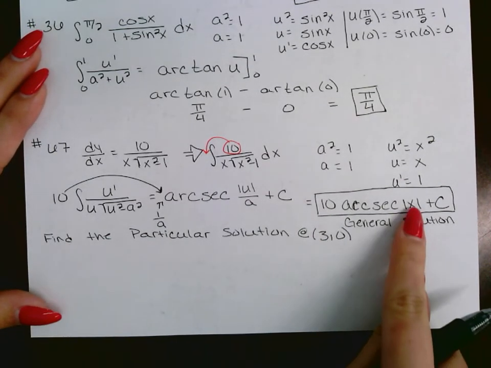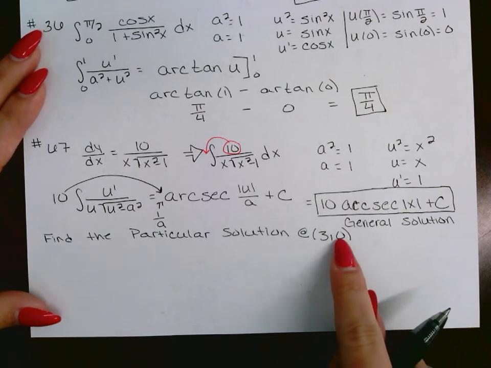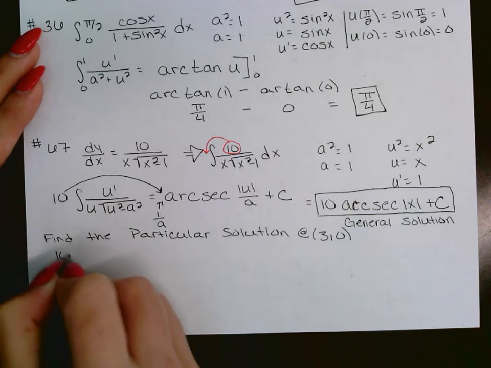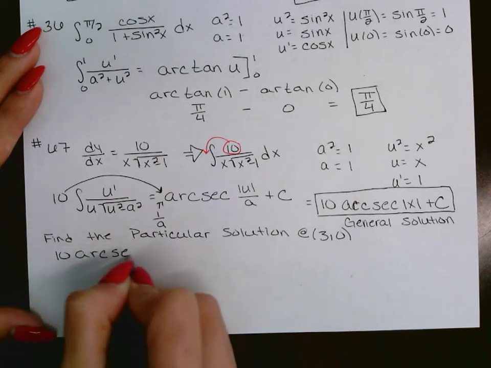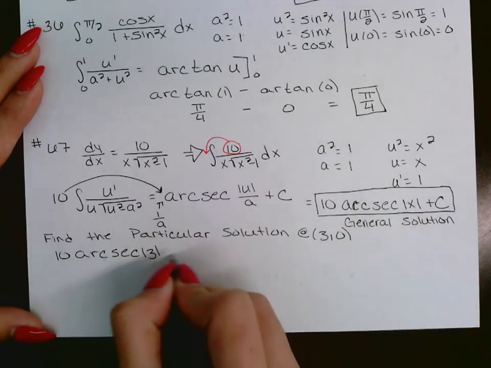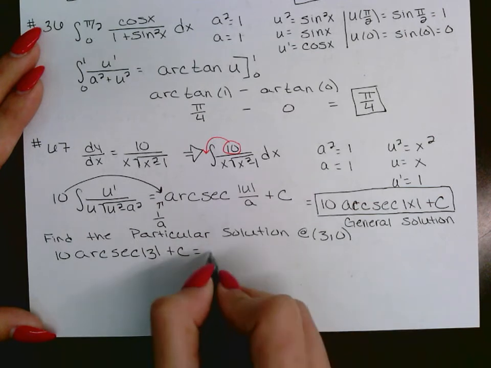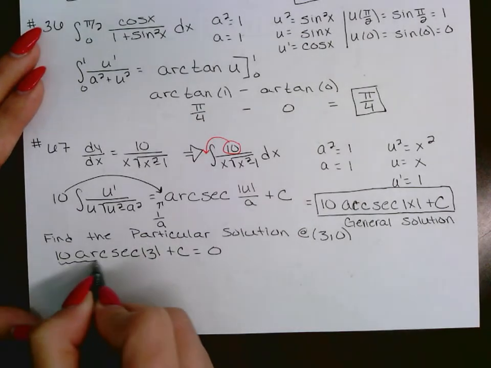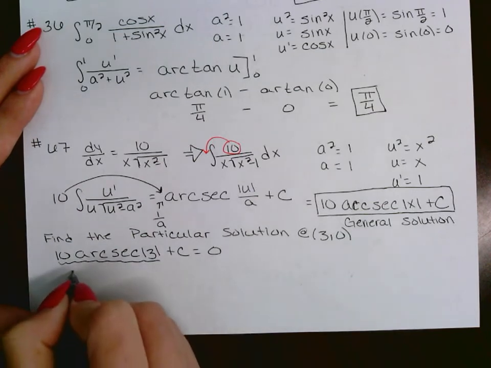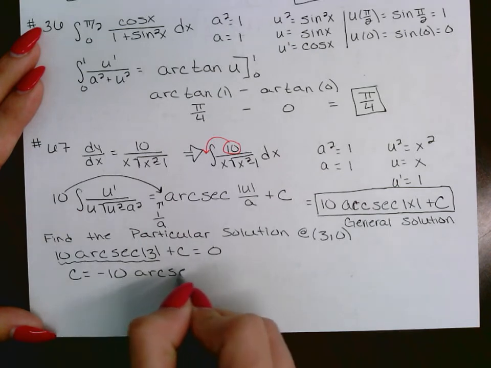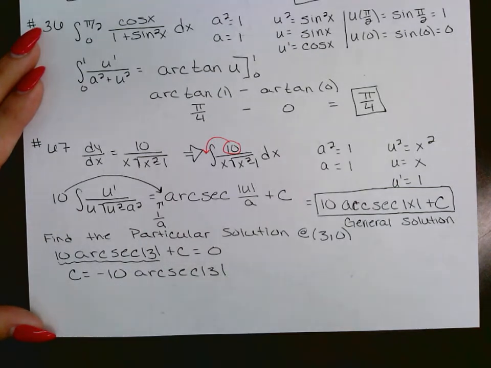Remember that 3 is our x and 0 is my y, what I set it equal to. So at this point, I would say 10 arc secant of absolute value of, instead of x, I'm going to fill in the x, plus c equals 0. My next step is to find what c equals. So I'm going to subtract this entire portion over to the other side, and I could say c equals negative 10 arc secant of absolute value of 3.